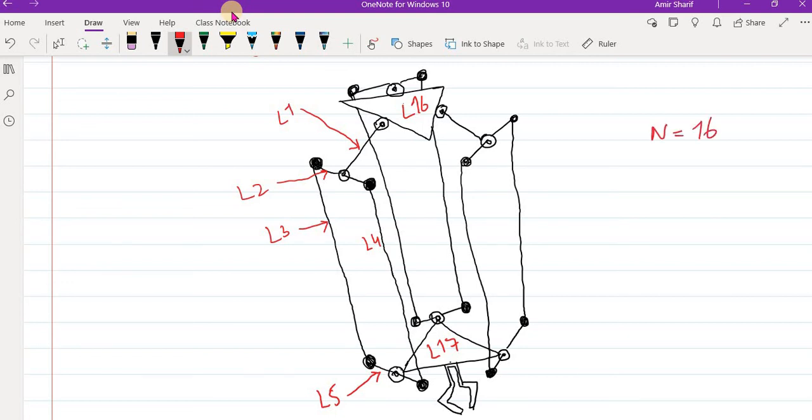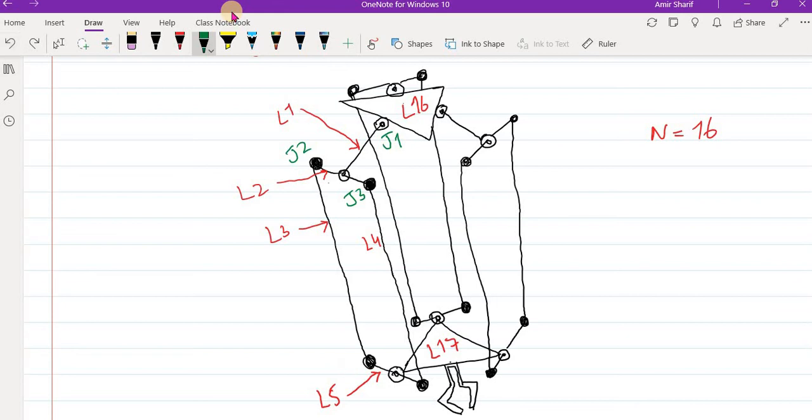Now let's see how many joints we have. For joints we can start here. This is J1, which is a Revolute joint, J2, J3, J4, J5, J6. We missed this middle one here.